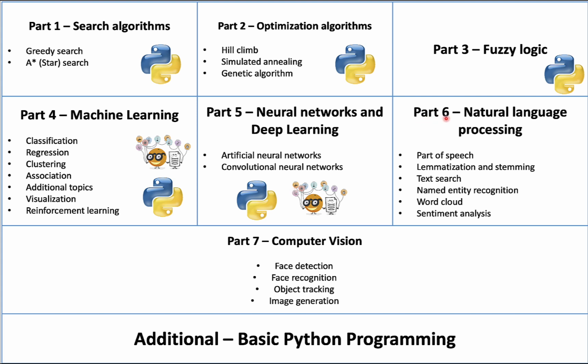Part number 6 is about natural language processing. You are going to learn a lot of key topics related to this subject, such as part of speech, lemmatization and stemming, and how to perform searches in texts. We are going to implement a mini crawler, so we are going to get data from the internet.